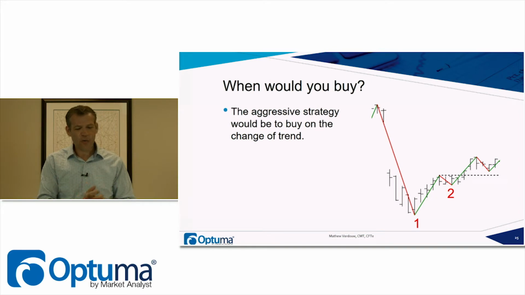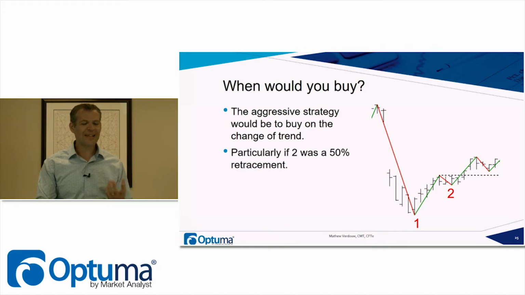The aggressive strategy would be to buy on the change of trend. So as soon as you cross that dotted line, you're in. Particularly if this point here was 50% of this move up, that's probably one of the stronger trades. You know, Gann talked about it.